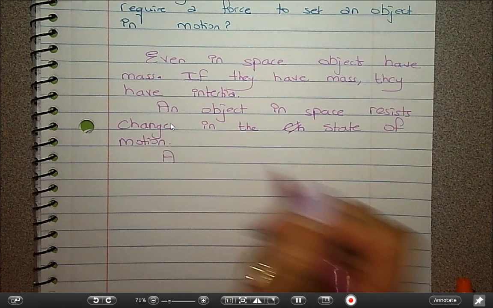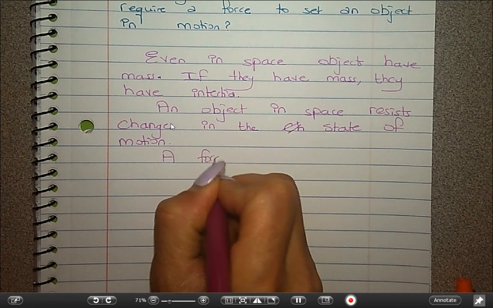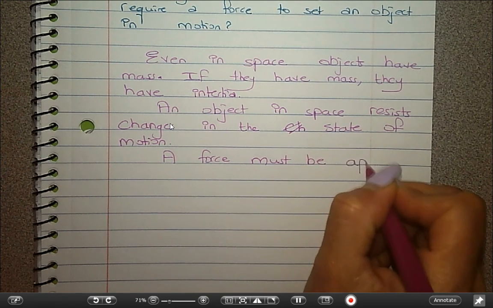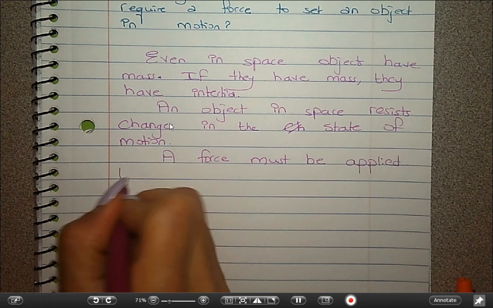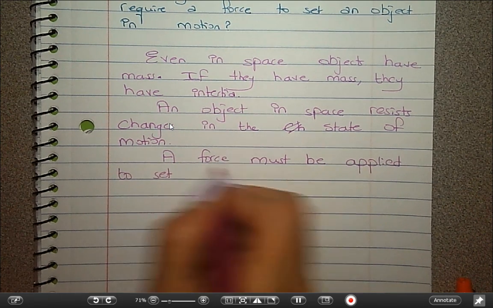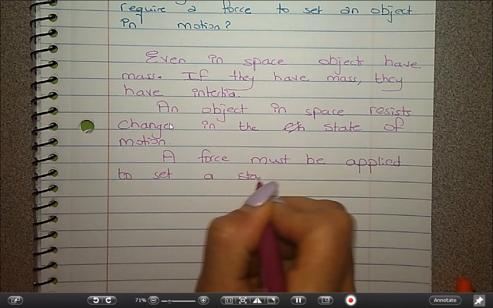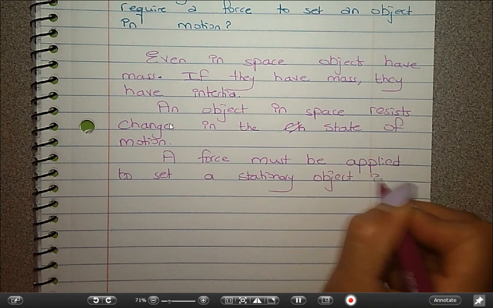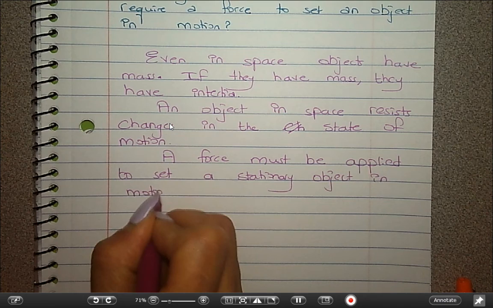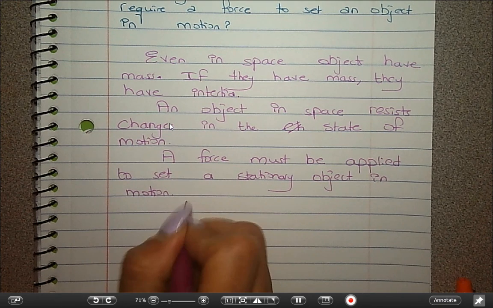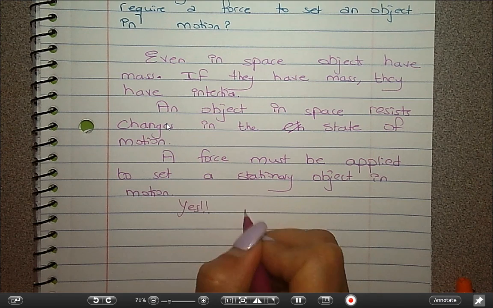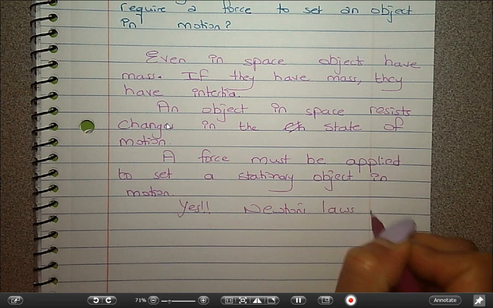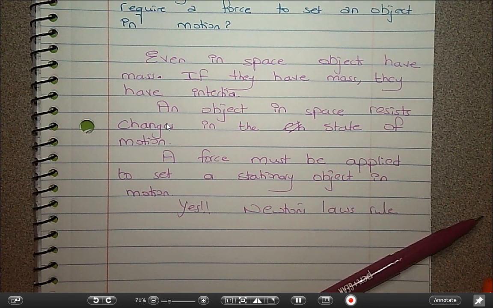So as we know from Newton's law, a force must be applied to set a stationary object in motion, so here the answer will be yes. Newton's law applies everywhere. Okay?